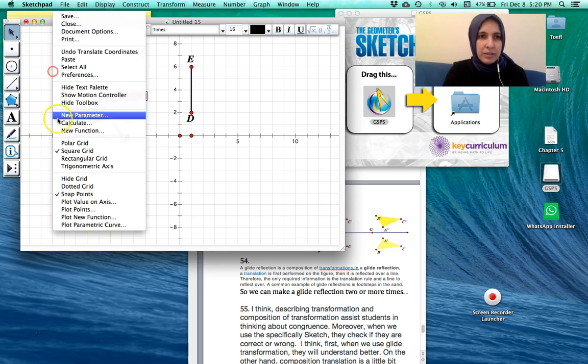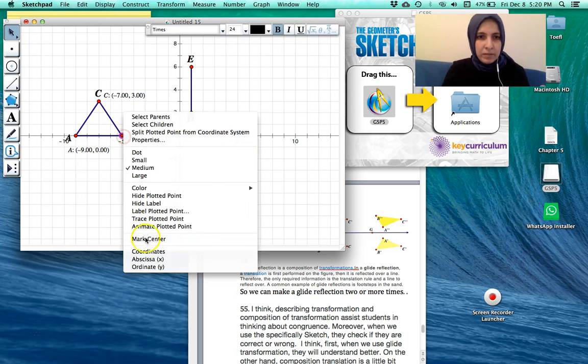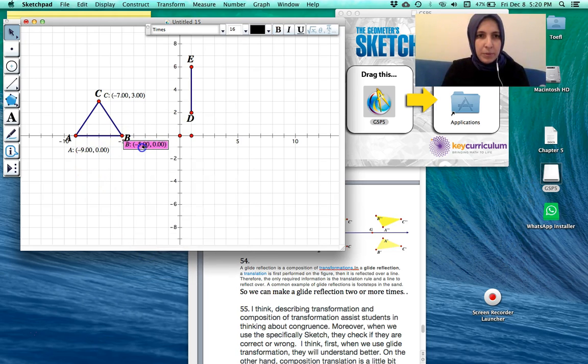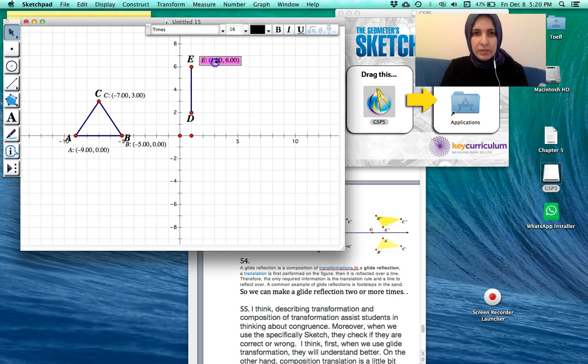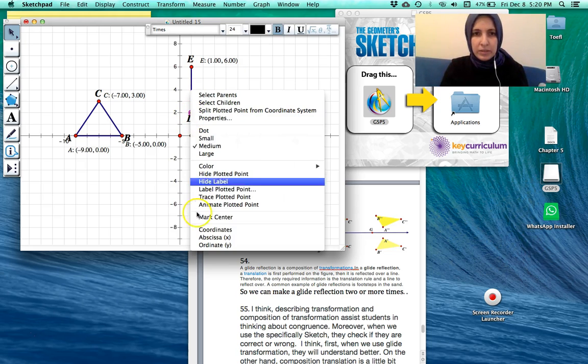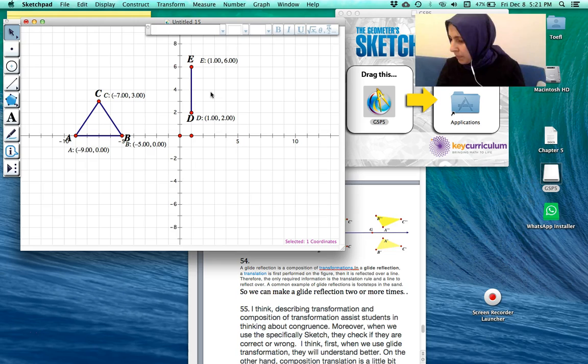This is C, this is A, which is B, and point E coordinates. Yes, I found all of them. The question says that I need to translate triangle ABC by the line DE.